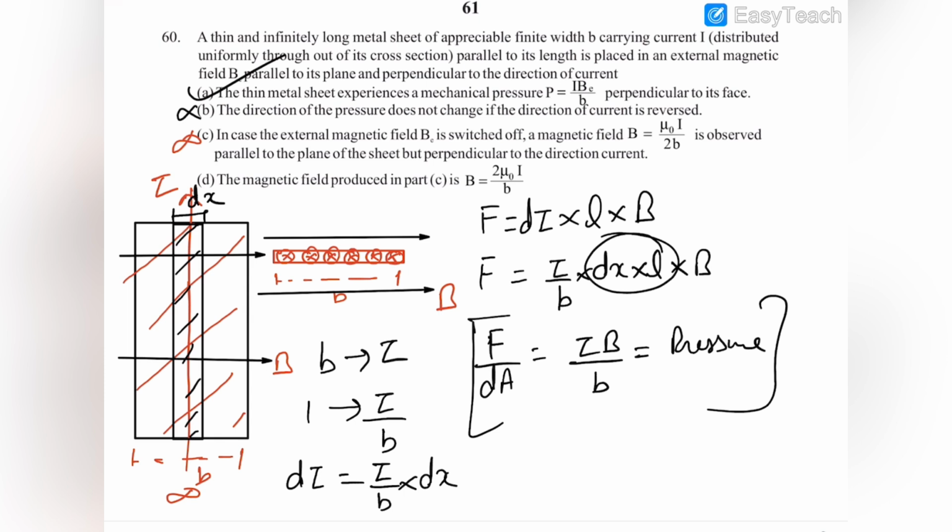In option C, it is given that when the external magnetic field is switched off, a magnetic field of mu naught I by 2b is observed parallel to the plane of the sheet but perpendicular to the direction of current. Let us draw the cross section of the sheet again, with current flowing like that.